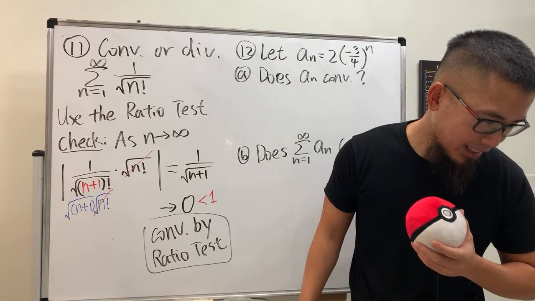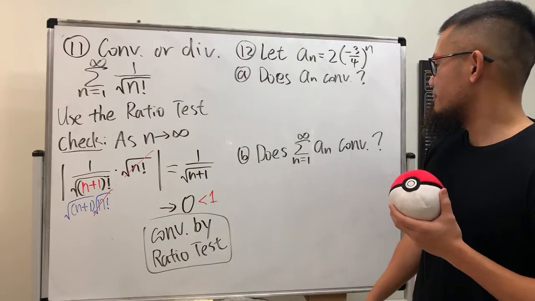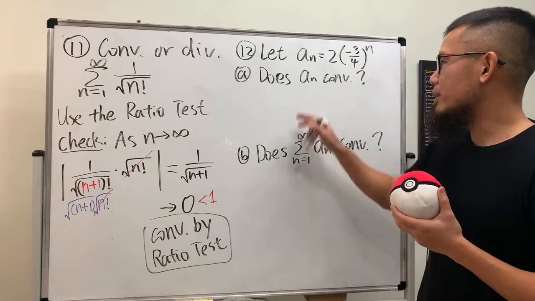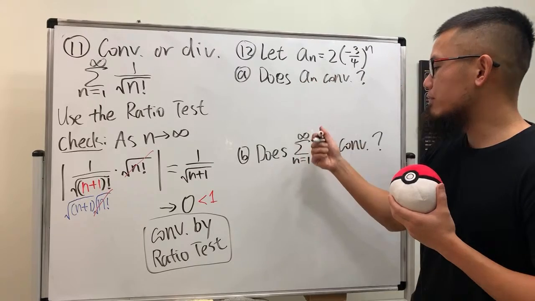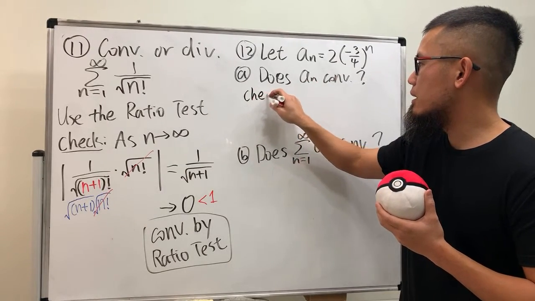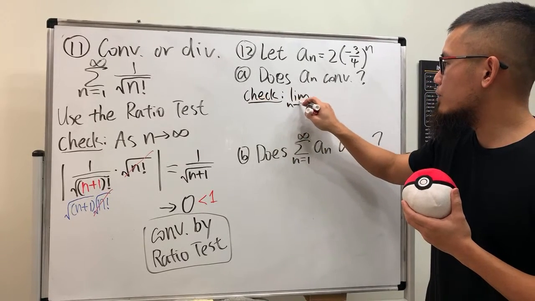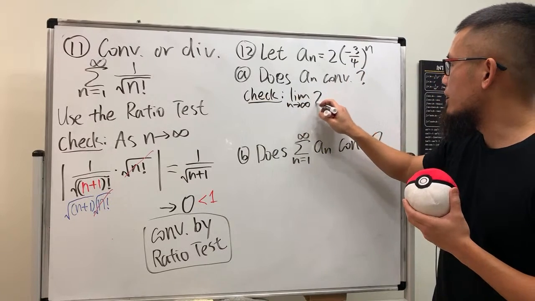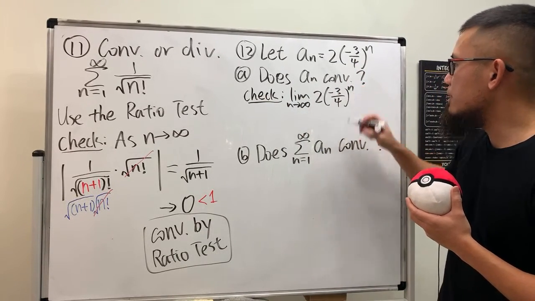Converge, right? And by GST, that's correct. This one is by GST. Well, actually, both of them. But anyway, though, does a_n converge? When we are doing this, all we have to do is check the limit as n goes to infinity of a_n, so I'll write down 2 times negative 3 over 4 to the n.